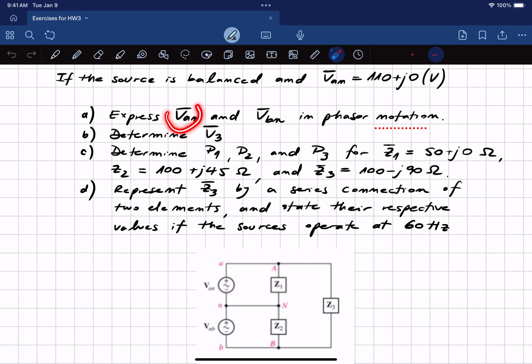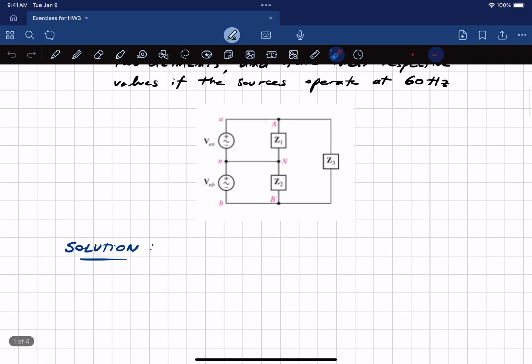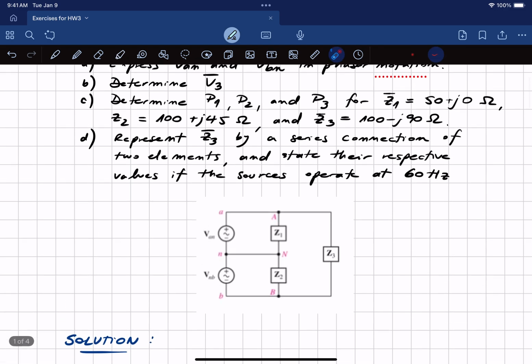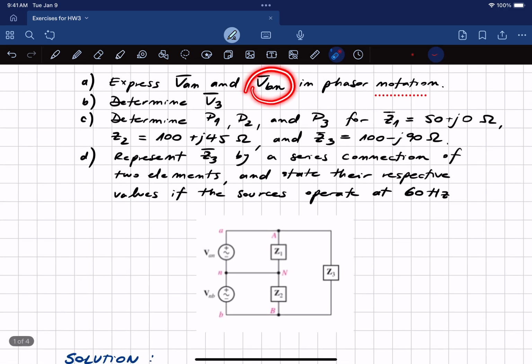So it's asking you to get VAN and VBN. VAN is given. Okay, so 110 angle 0 volts. And of course, you should know this already, this is RMS value.